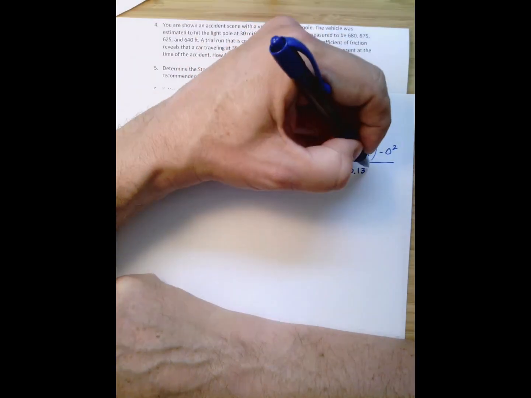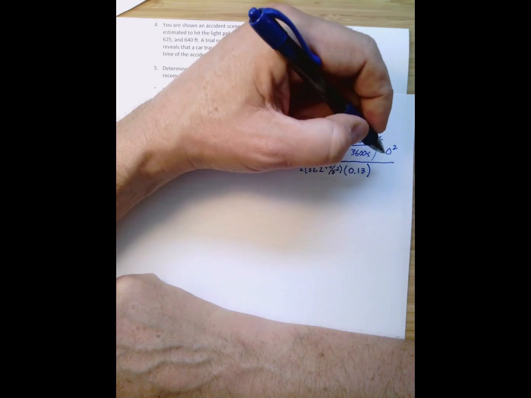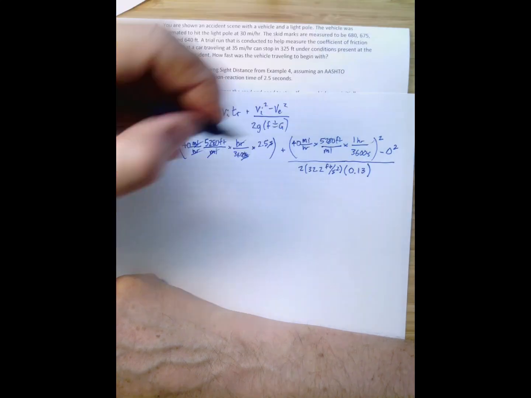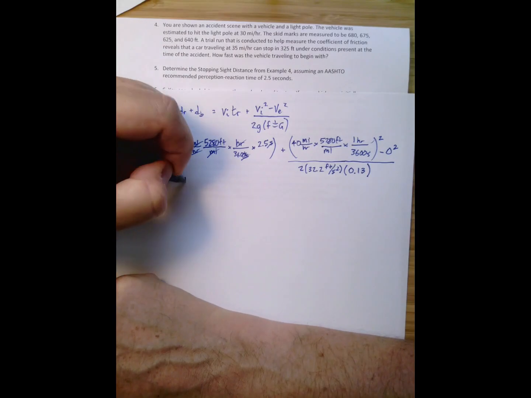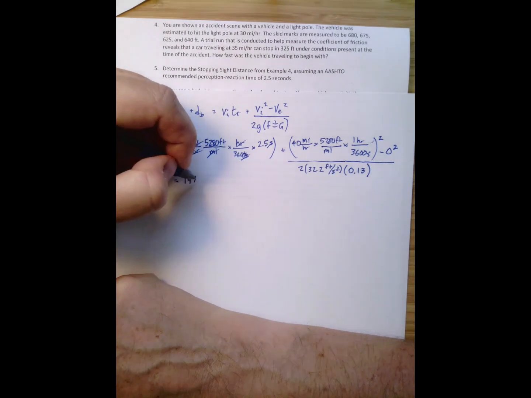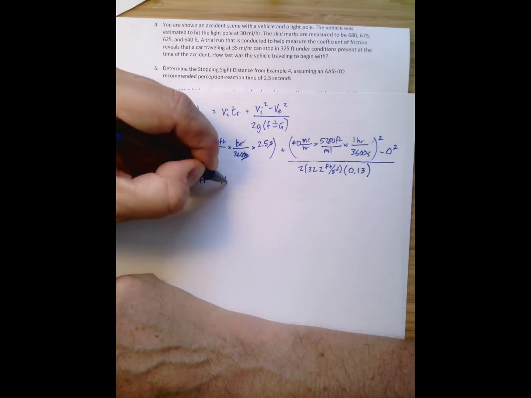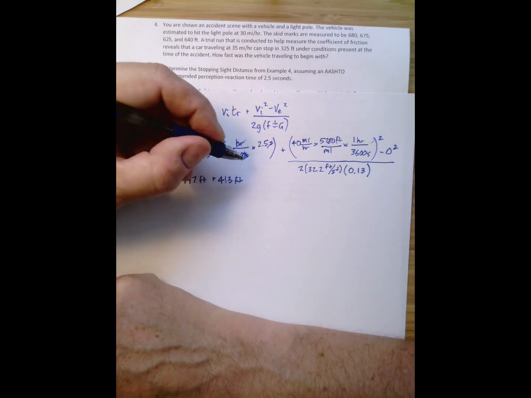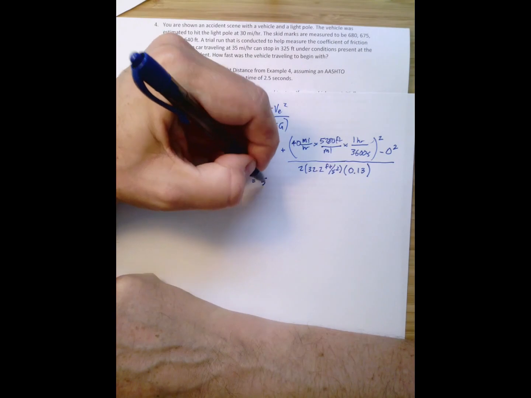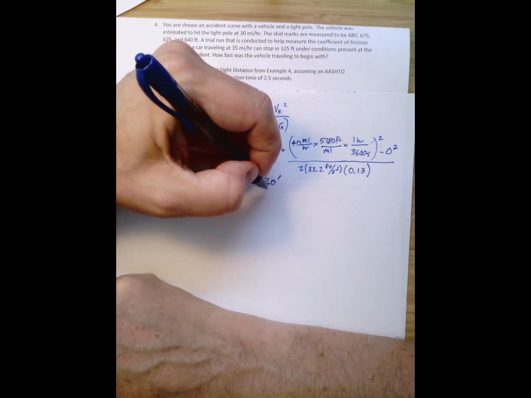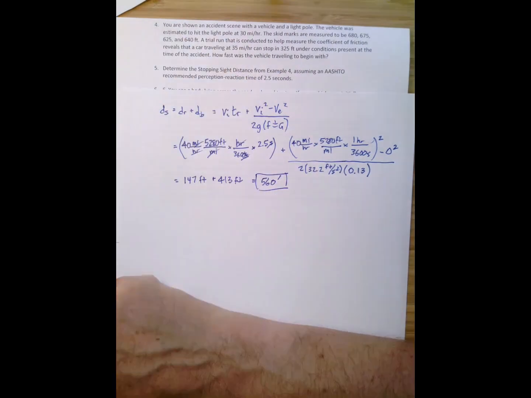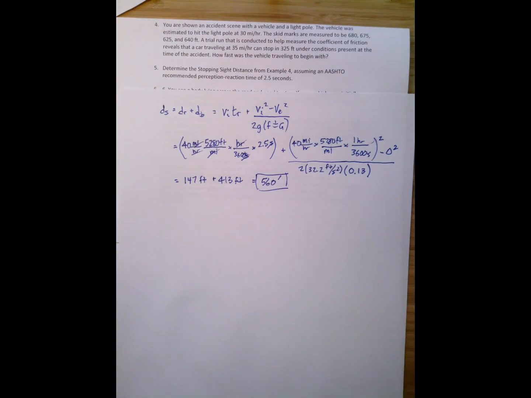And it's a flat grade, so G is 0. So if you perform these calculations, you should find 147 feet for the perception reaction distance, plus 413 feet for the braking distance. So the total should be 560 feet for the stopping sight distance. So that's example number 5.